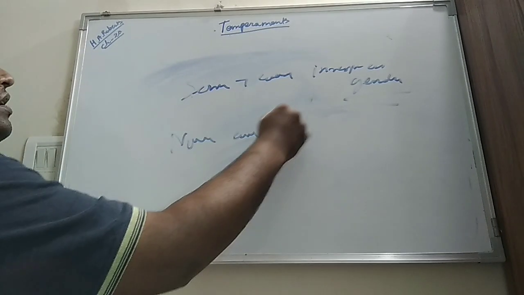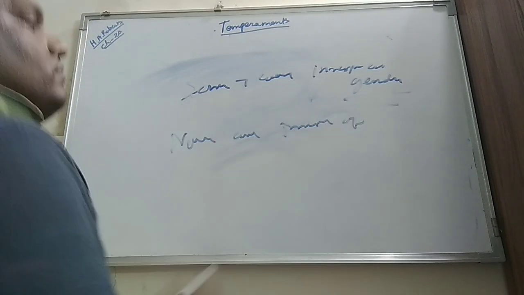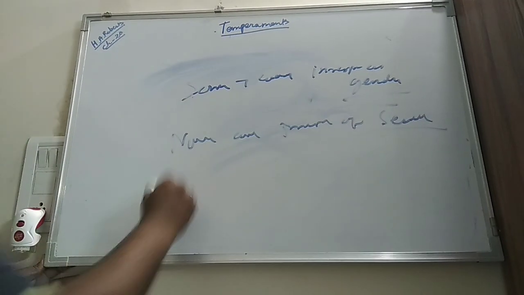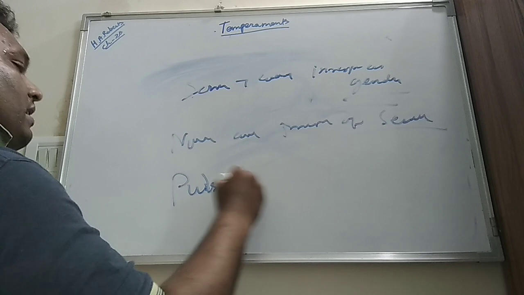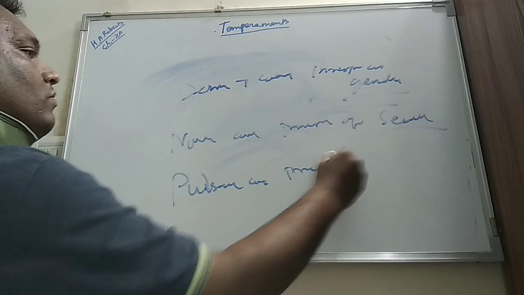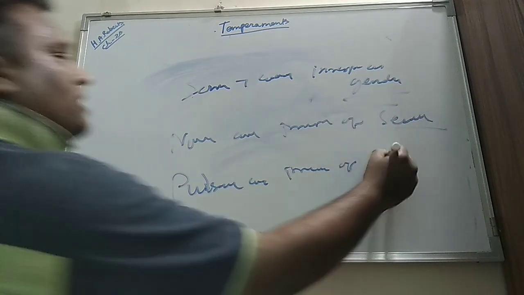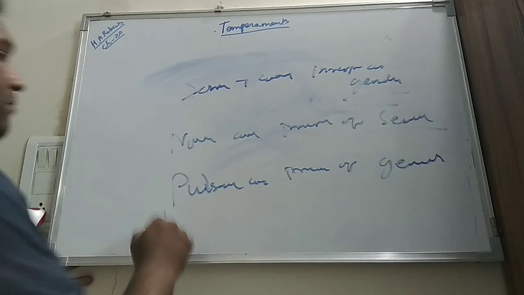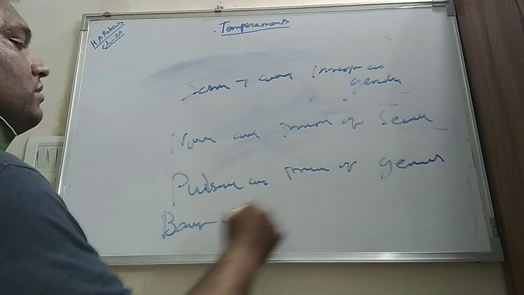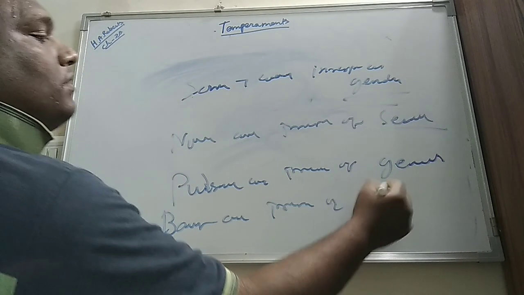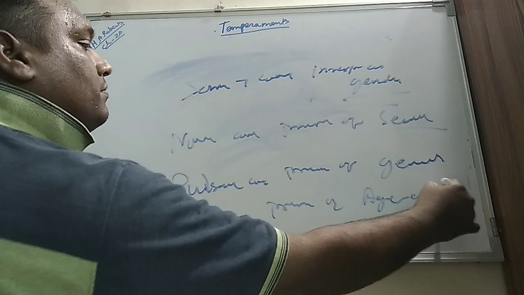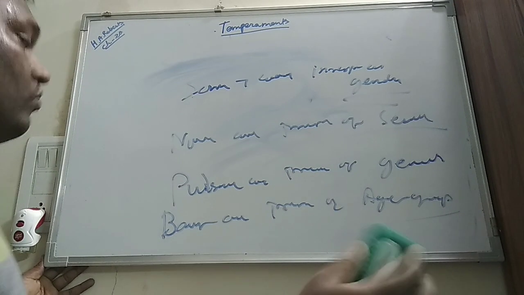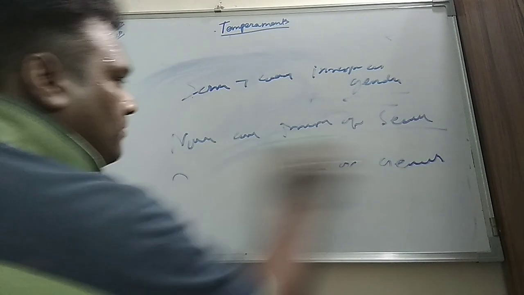Nux vomica works irrespective of sexuality. Pulsatilla works irrespective of gender. Baryta carb works irrespective of age group. When there is a symptom, we have to give medicine. That is the only thing important for us.